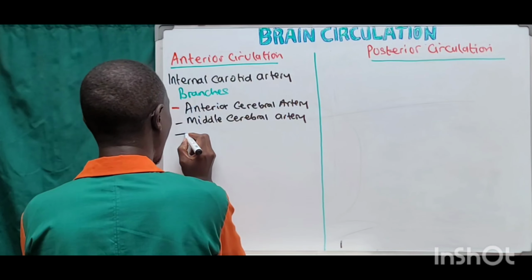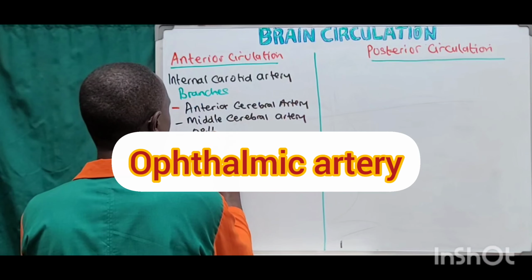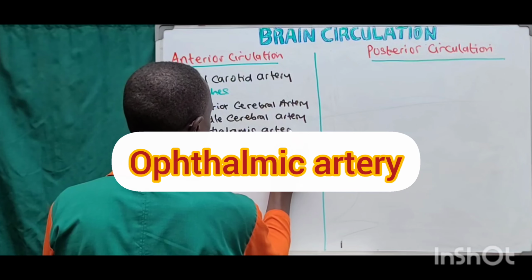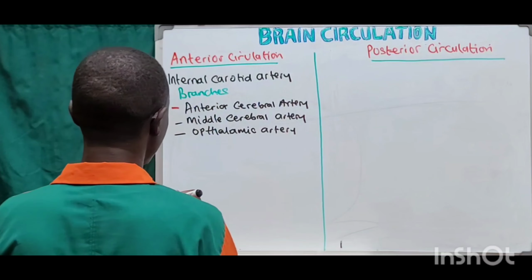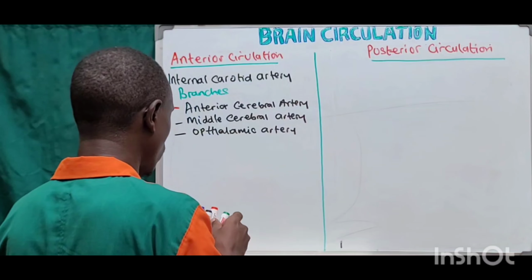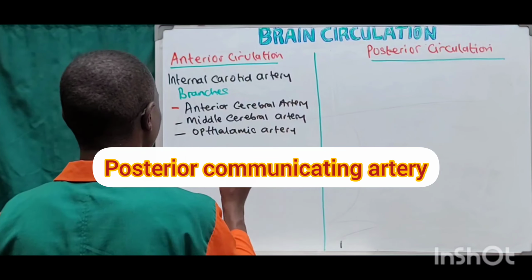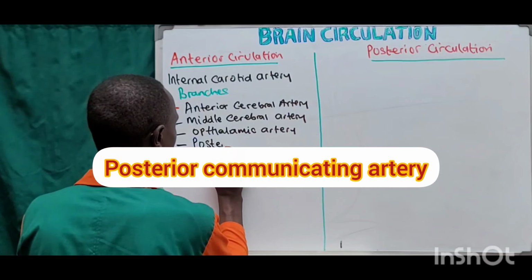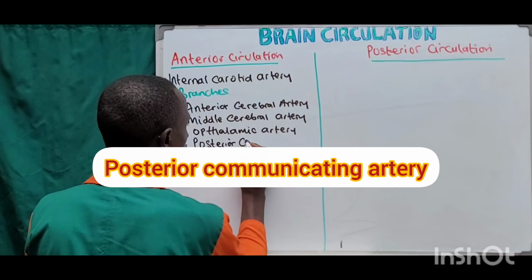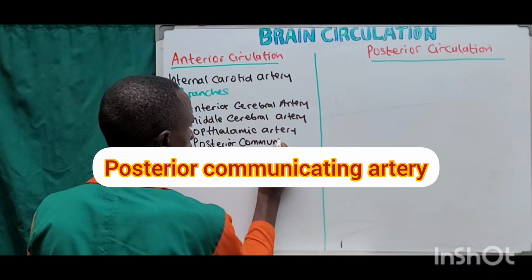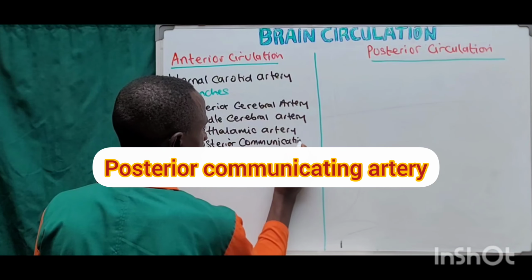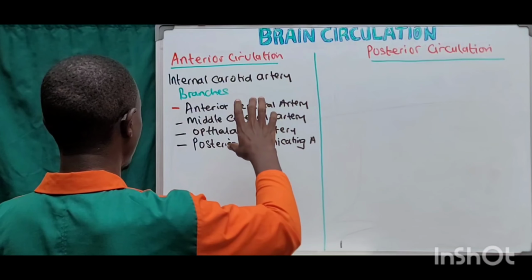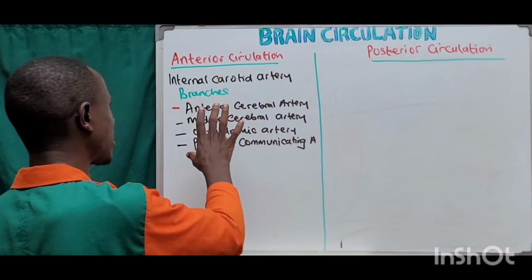And then the third one is the ophthalmic artery. Another branch is the posterior communicating artery. Okay, so now these are going to be the major branches of the internal carotid artery.